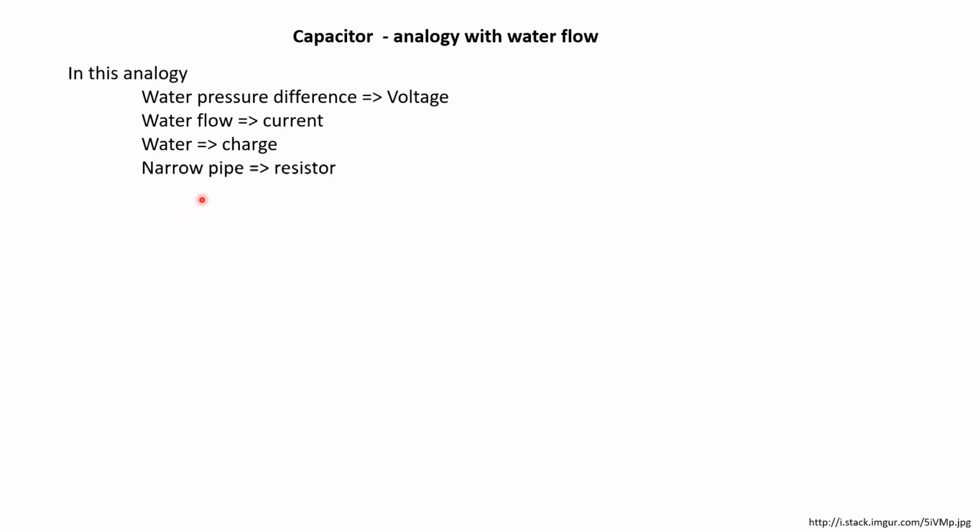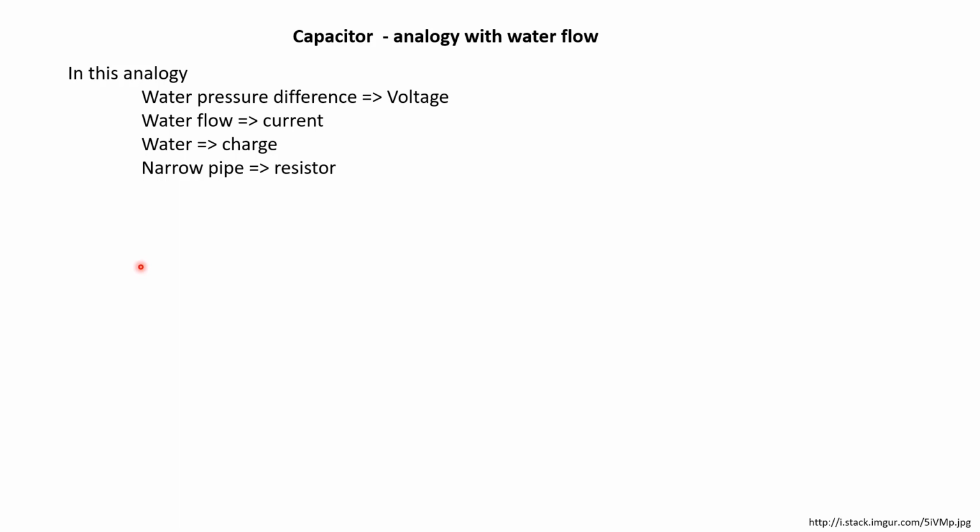In this analogy, a narrow pipe can be compared to a resistor. Now let's think about what would be the equivalent of a capacitor in the case of this water flow analogy. Before I show you the answer, maybe you can pause your video and see if you can guess what the analogy would be.